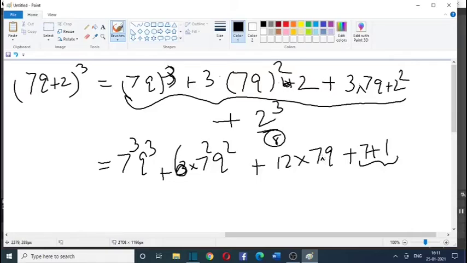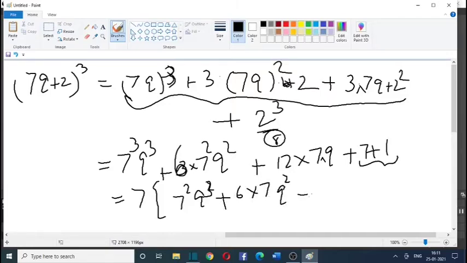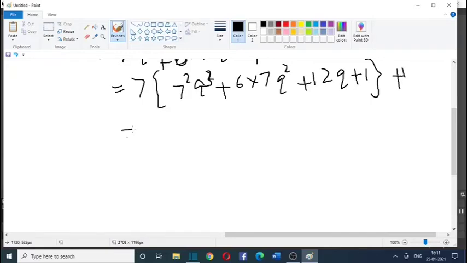So we can take out 7 from all the terms. So this is 7 into (7 square q cube plus 6 q square plus 12q plus 1) plus 1, which is 7k plus 1.